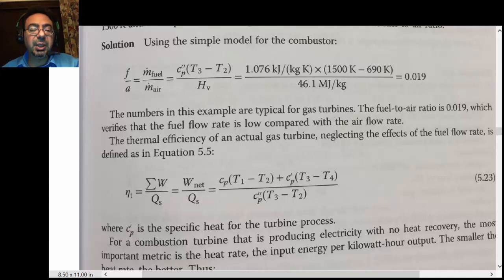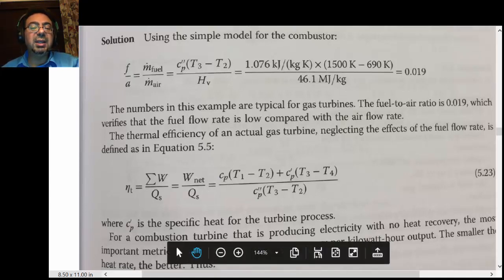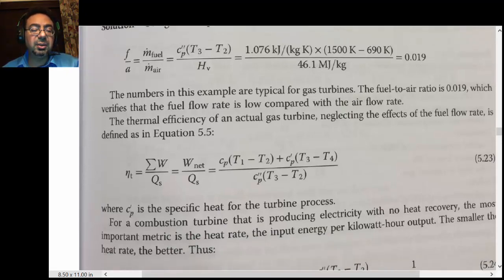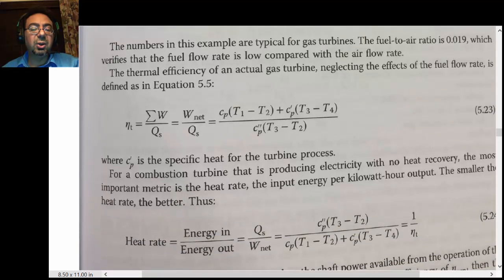Look at the Cp, Cp prime, Cp double prime. What he's saying is let's use a Cp for the air in the compressor different from the combustion chamber Cp, different from the Cp inside the turbine. You will get those values from a table in the textbook, and that would be much better than using one Cp throughout the calculation.